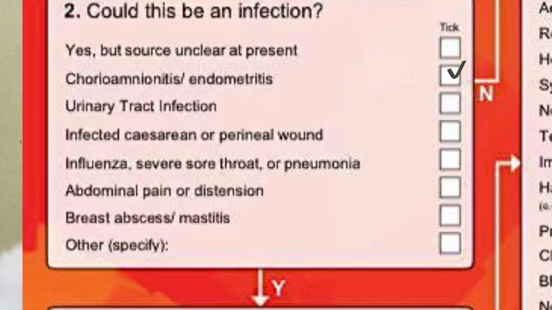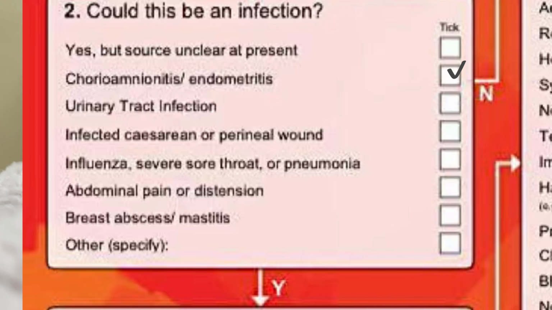Endometritis, you want to think about it because if she is having inflammation in the uterus, then you can confirm that from the exam. I like to confirm, does my patient show signs of endometritis, inflammation, and that is indicated by abdominal distension, pain.